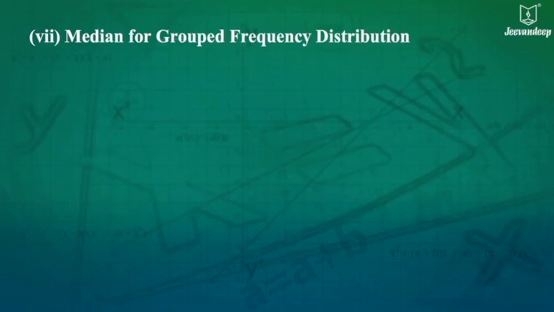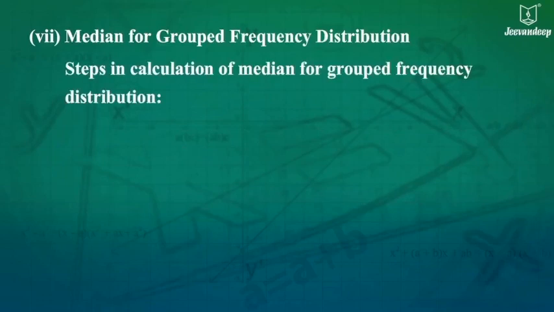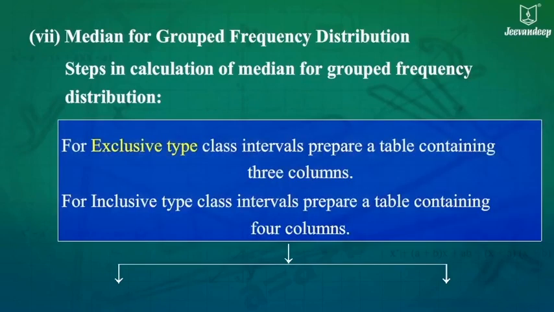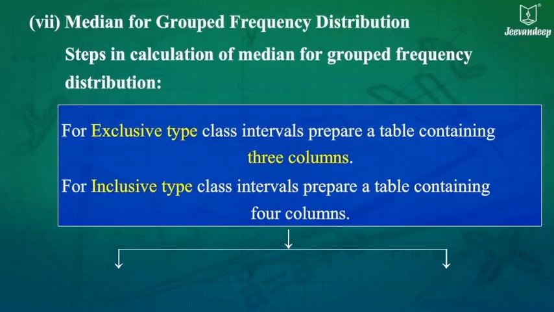Median for grouped frequency distribution. Steps in calculation of median for grouped frequency distribution. For exclusive type class intervals, prepare a table containing 3 columns. For inclusive type class intervals, prepare a table containing 4 columns.